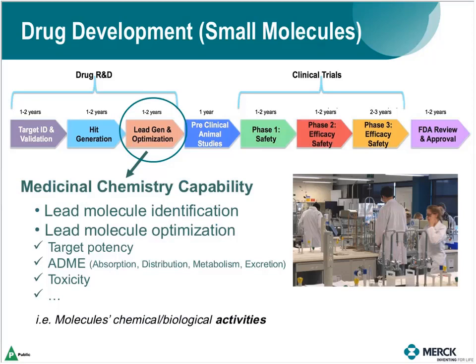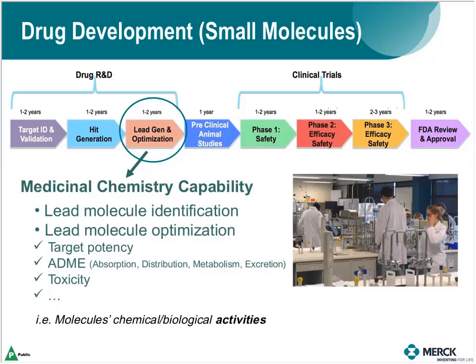For example, how can I make this compound more potent regarding the target, for example a particular neuroscience target or cardiovascular target? And also, how can I make the compound more drug-like?